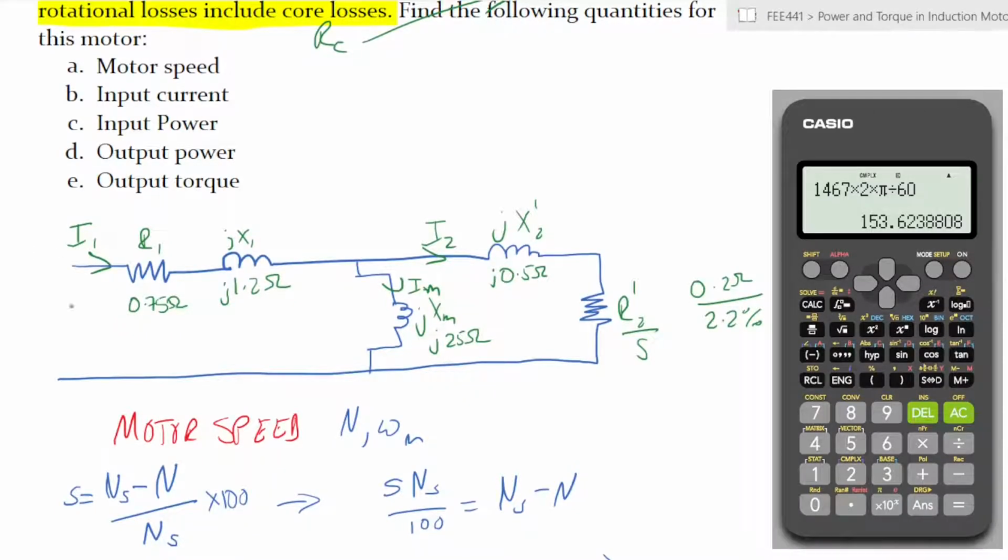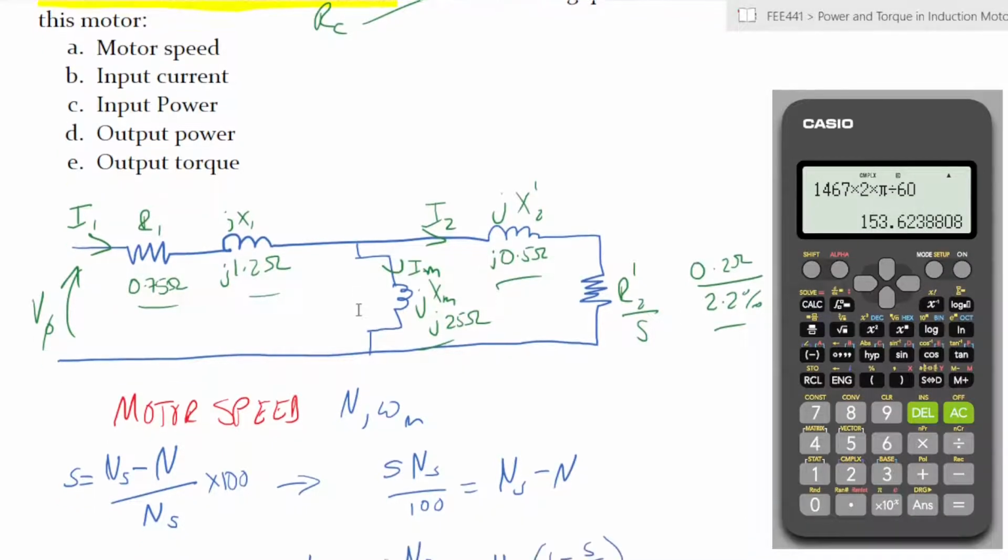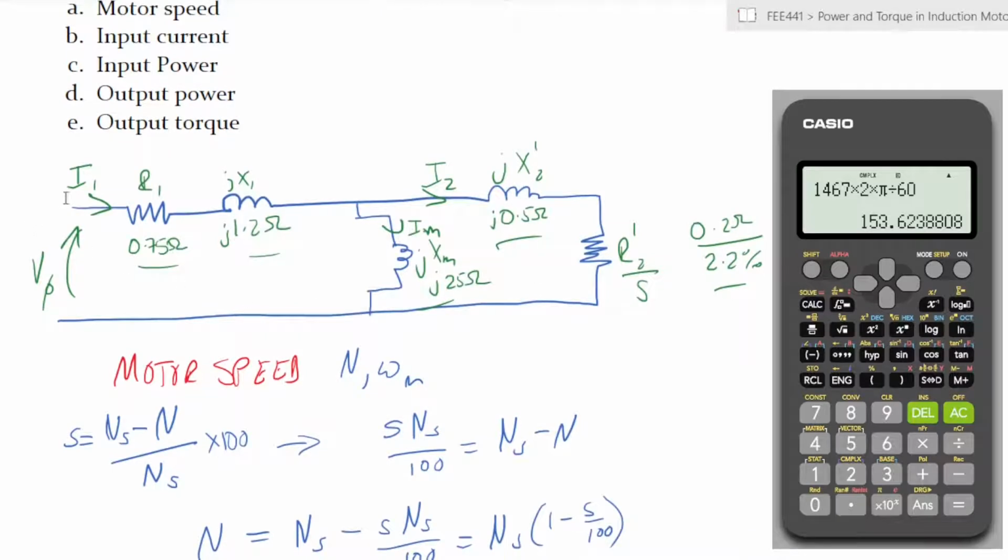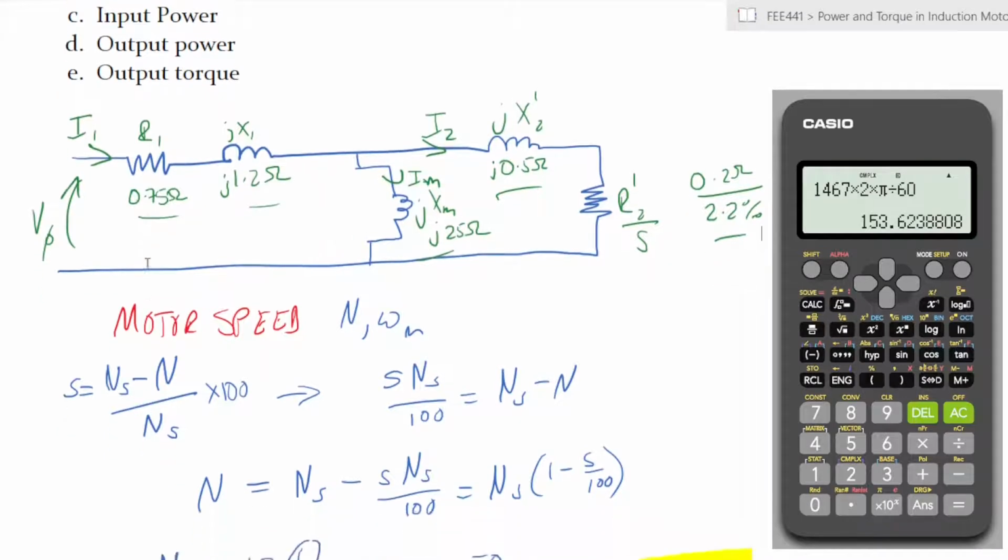So we are looking for input current, and we do know our voltage, our phase voltage. And also we have a complete equivalent circuit. So we have all the various impedances across the board, okay? So we will now use these to find the current using simple Ohm's law, right? We have a total impedance, we have a voltage, and we have a current. So we have a complete circuit that we can analyze.